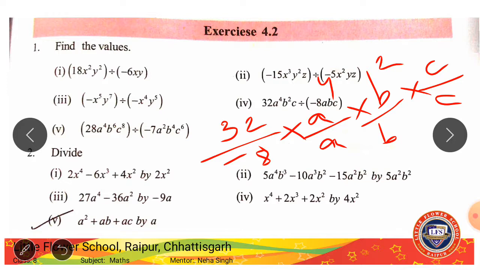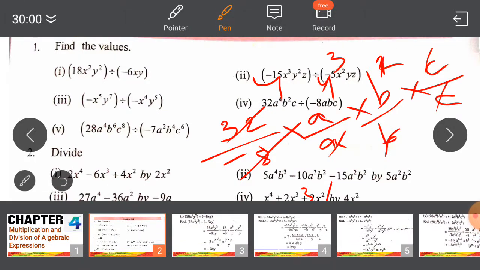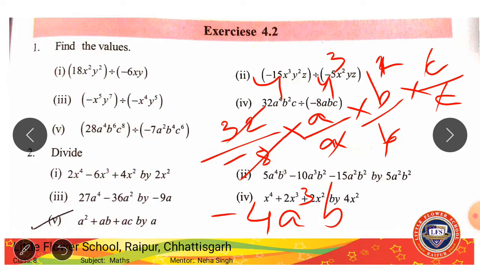And now here 8 4s are 32, right? a 4 times, a 1 time, it will get cancelled, we will be left with a 3 times, right? b and b will be getting cancelled, c and c will be getting cancelled. So we are left with the answer 4a cube b. This will be the answer for the fourth question, right?